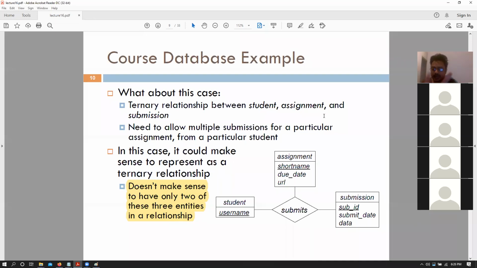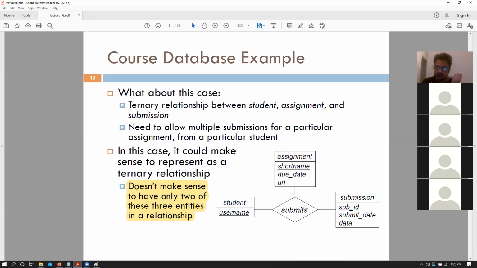In this scenario, we want all three of these together to explain a particular submission, right? We cannot have an assignment and a submission date without a student. We cannot have an assignment name and a submission without a student. We cannot have a student name and a submission date without an assignment. All three of these together make up a single submission, right?